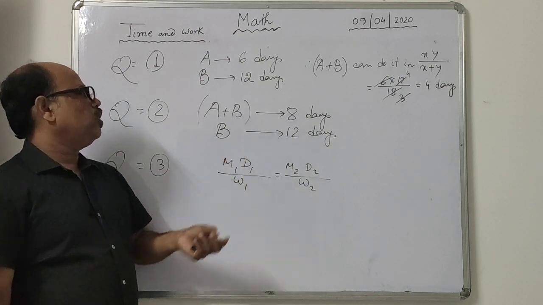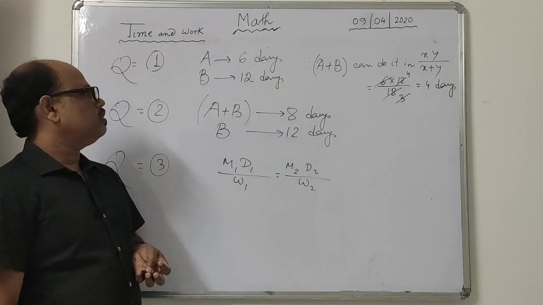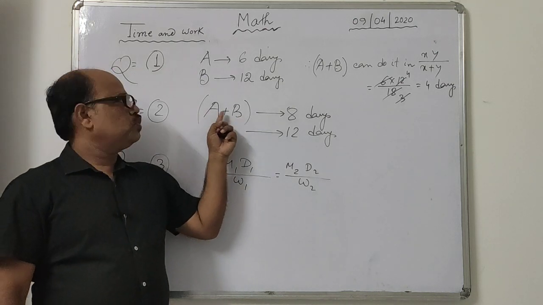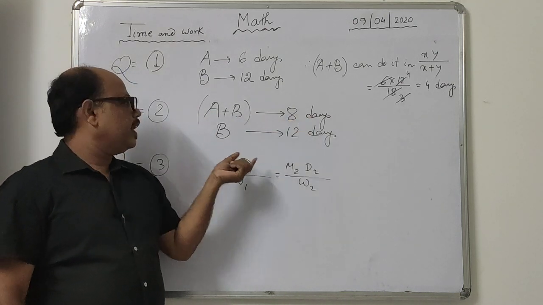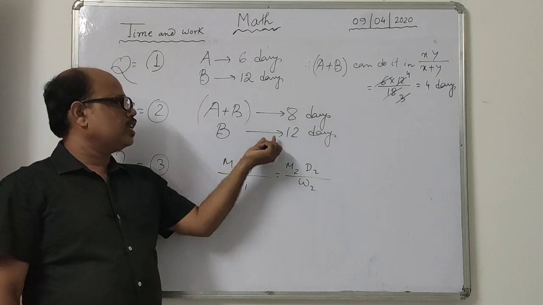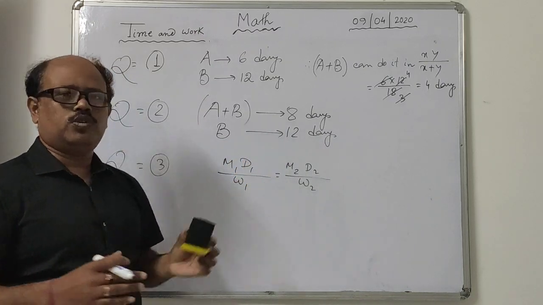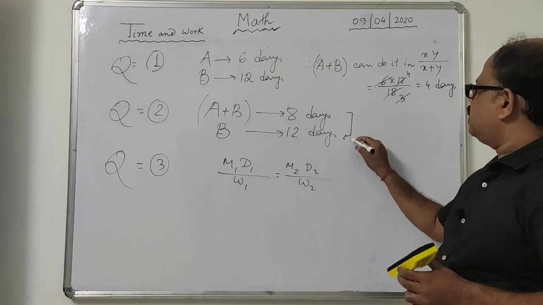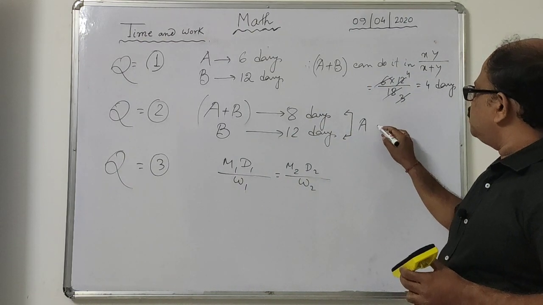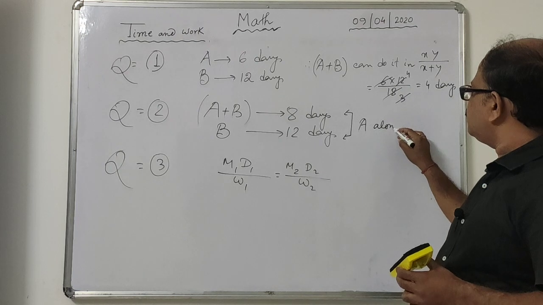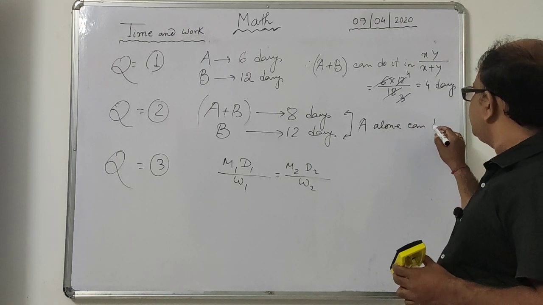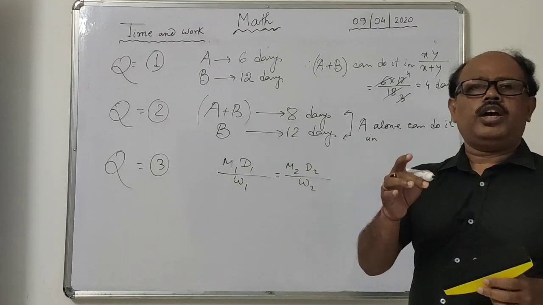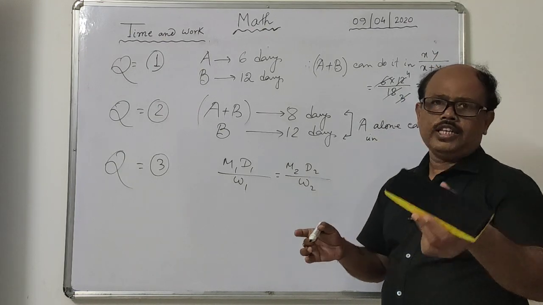Also look at the second question. Using the second formula, you know very well from the last video, A and B together can do the same work in 8 days and B alone can do the same work in 12 days. The question is, A alone can do it in how many days? You know the formula, xy by x minus y.